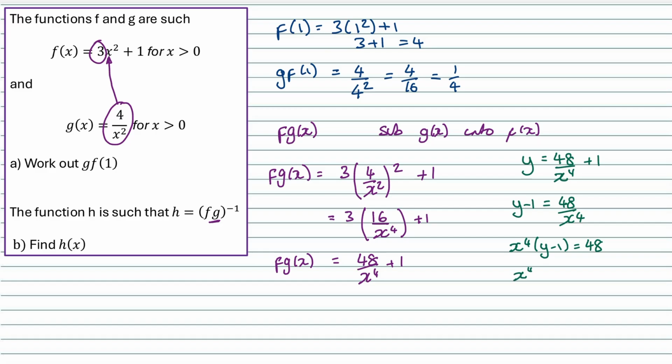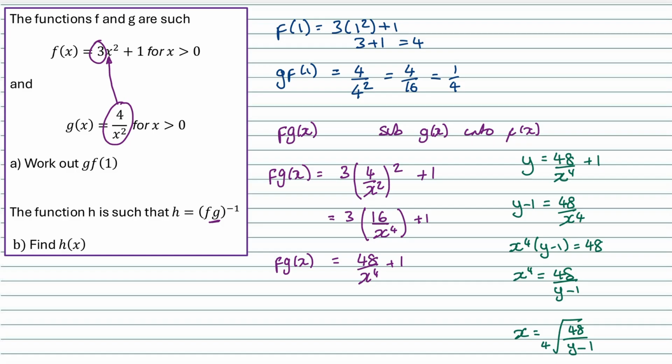So x to the 4 will be 48 over y minus 1. And finally, because I want x, not x to the 4, I'm going to take the 4th root of both sides. So x will equal the 4th root of 48 over y minus 1.